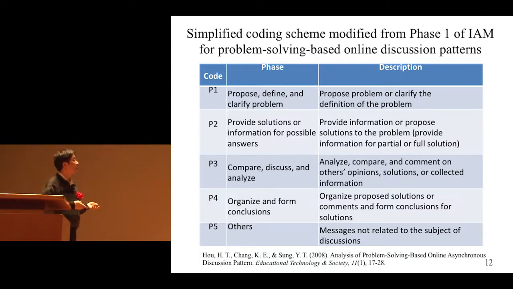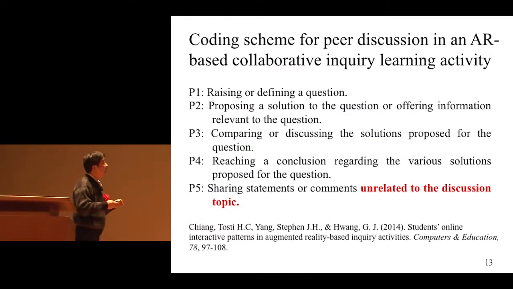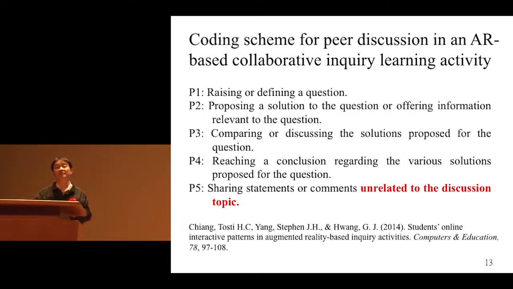Okay, so I'm going to present you a study made by Professor Yang, Steven, and me, and of course our students. In this study, we try to engage students in an AR-based, augmented reality-based collaborative inquiry learning activity.